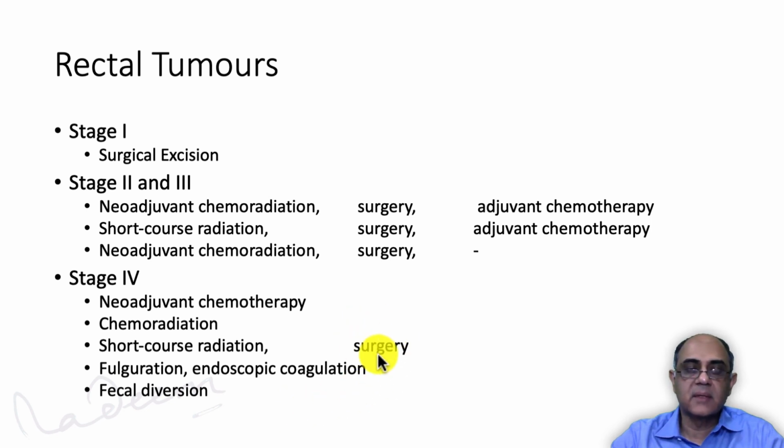You can reserve the surgery for certain lesions, obstructed lesions or some other lesions, but there will be no overall benefit of surgery in stage 4. You have to resort to chemotherapy, chemoradiation, or if patient is bleeding, he is not fit enough, you can go in transanally and just fulgurate or cauterize or coagulate that tumor. And sometimes the tumor is so advanced that we just have to divert.